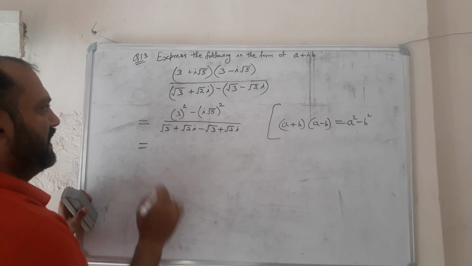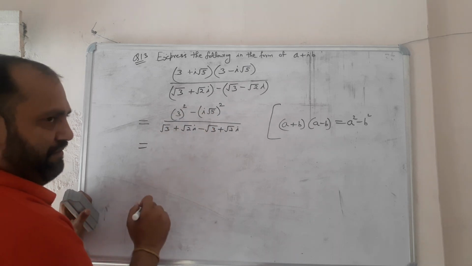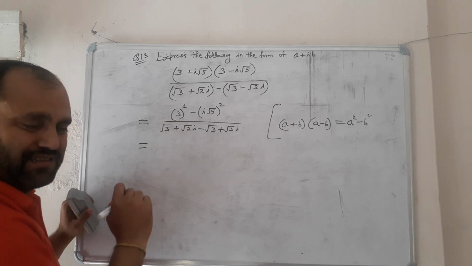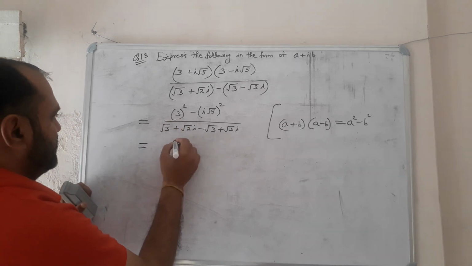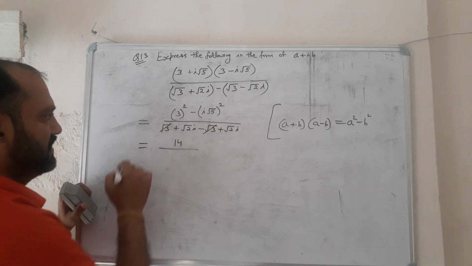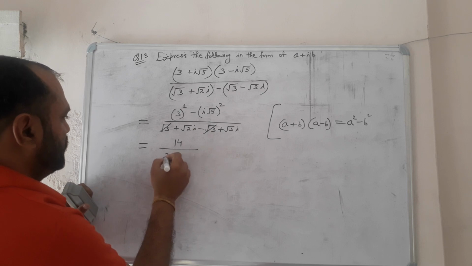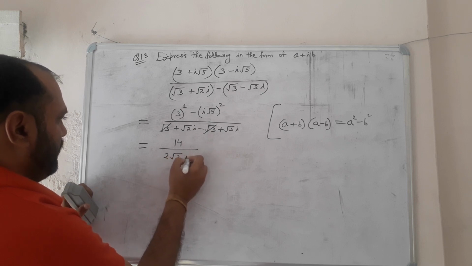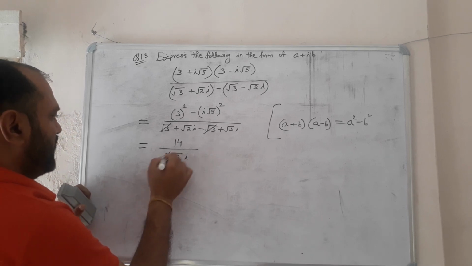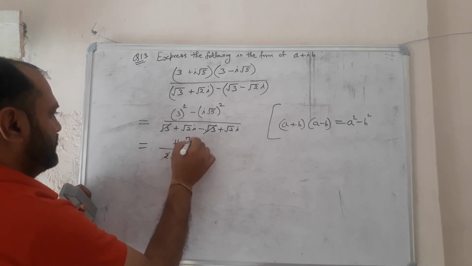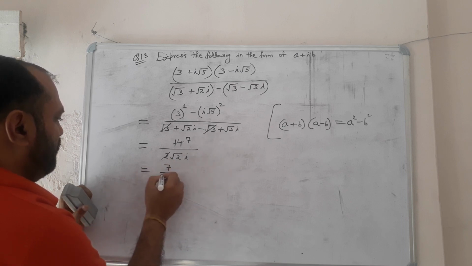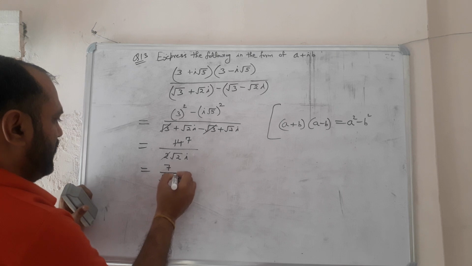Now in numerator this is 9 plus 5, because iota square is minus 1 and minus minus is plus, so 5 plus 9, that is equal to 14. Over this root 3 is cancelled out, this becomes 2 root 2 iota when you add these two, right? This 2 is cancelled to 14, we have 7 here, so the value is 7 upon root 2 iota.